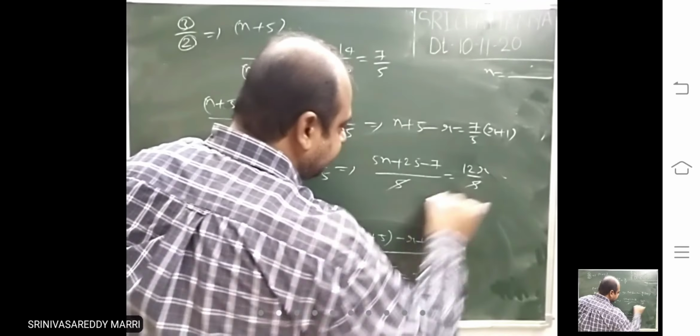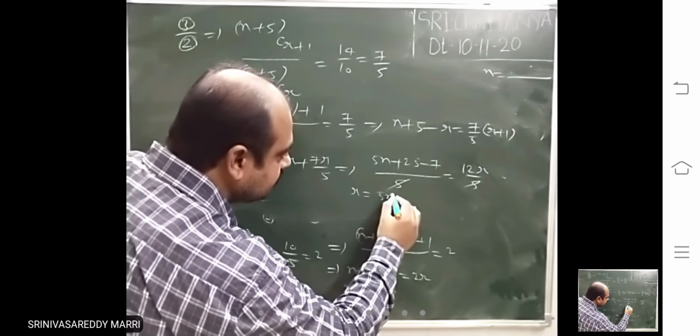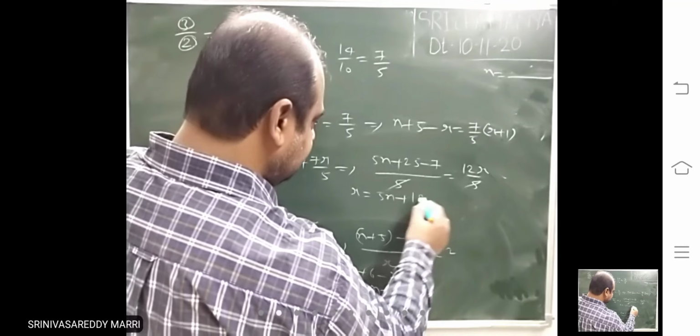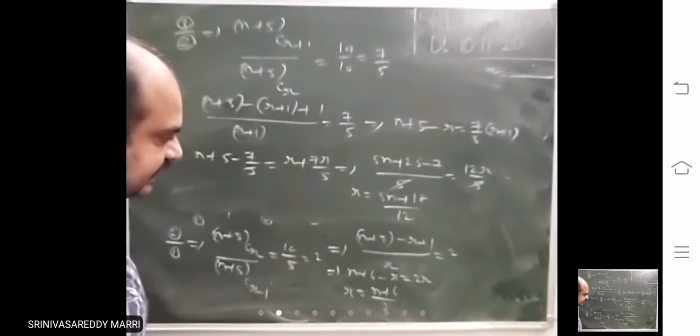12r divided by 5. So what you will get, r equals (5n plus 18) divided by 12. So this is r, equate this.